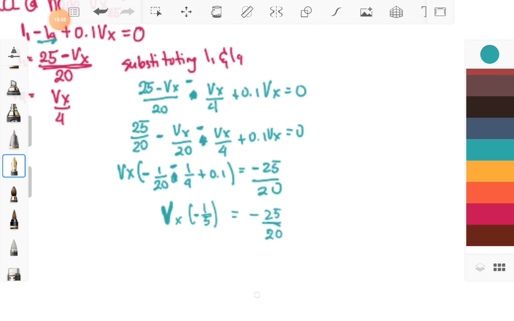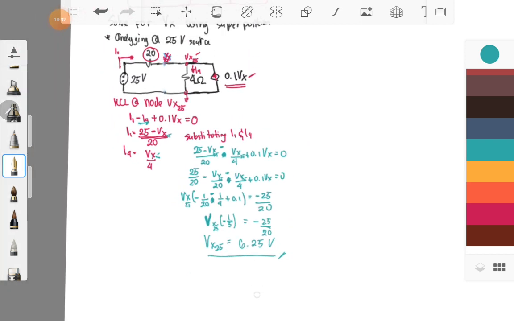Therefore we have a value equal to our Vx at 25. So at 25, huwag natin kakalimutan yan. 25 at 25 at 25. We have our Vx at 25 volts, which is equal to your 6.25 volts. That is your Vx at 25 volts.